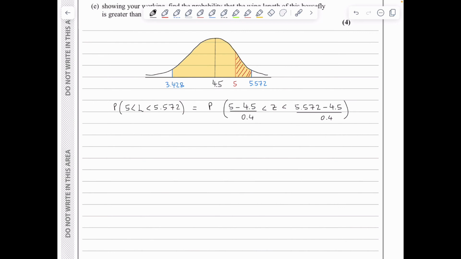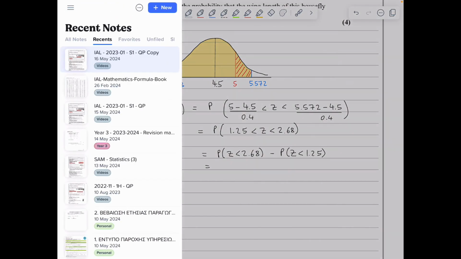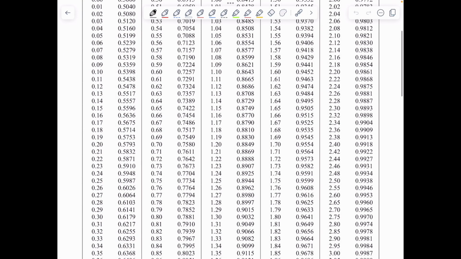So this simplifies to the probability that I'm between 1.25 and 2.68. I can split the double inequality into the probability of Z being less than 2.68 minus the probability of Z being less than 1.25.